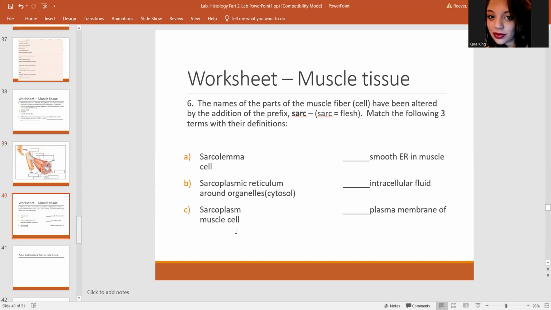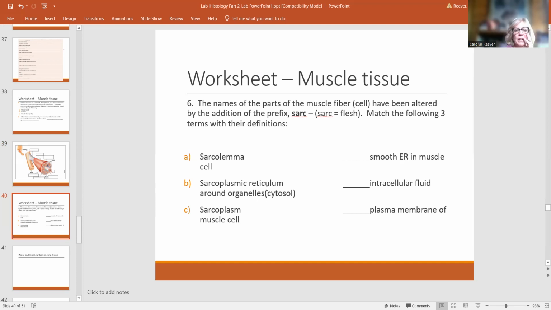Okay, let's match these. Here's another place where you can break the words down and it might make sense. Sarcos means flesh. So the sarcoplasmic reticulum is going to be the smooth ER.